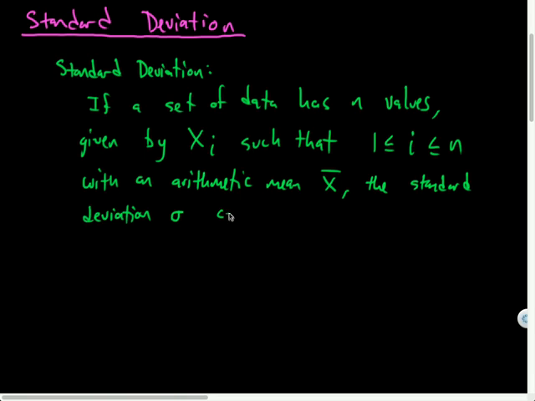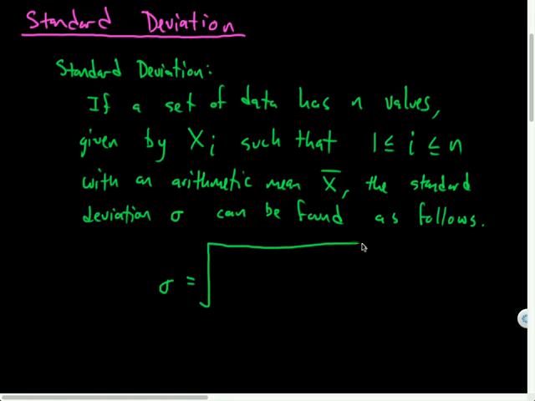Can be found as follows. And get ready for another crazy looking formula, but these formulas make sense. So little sigma, standard deviation, is equal to, ready? I guess I'll write the square root.